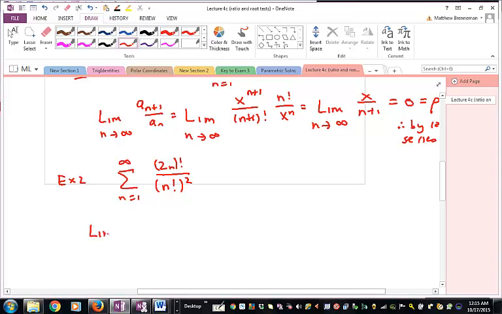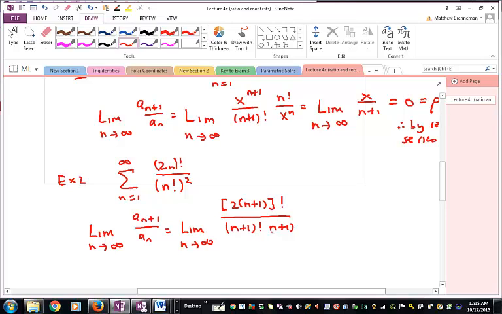So if we look at the limit as n goes to infinity of the successive terms, and we're careful about these factorials, it's going to look like this. And then this will be n factorial times n factorial over the quantity 2n factorial.